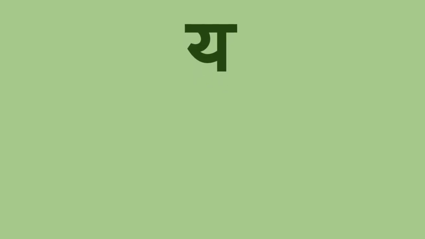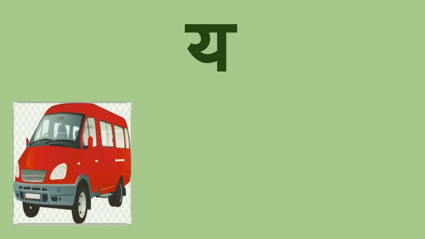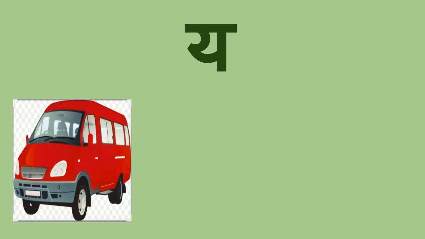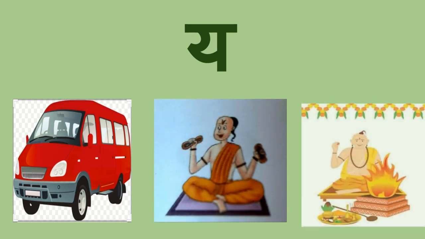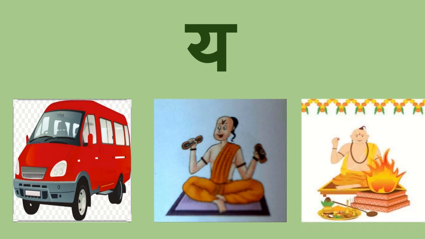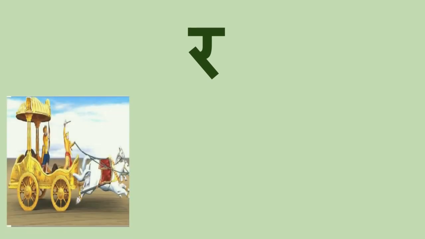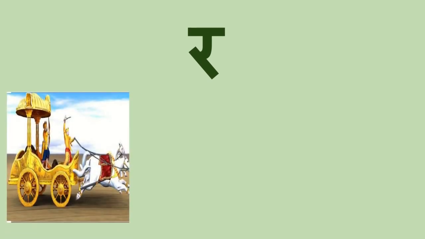Let's do the picture names once, revision of Y, R, L, V. Y say yan, vehicle. Y say yogi, saint. Y say yajna, oblation. R say rath, chariot.